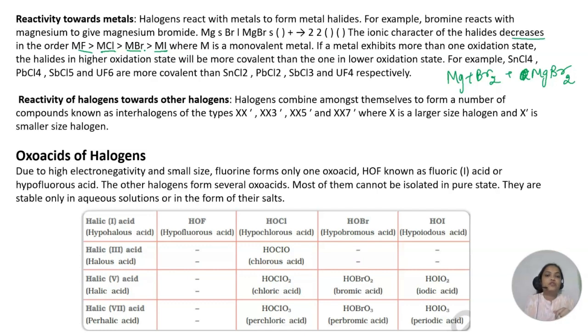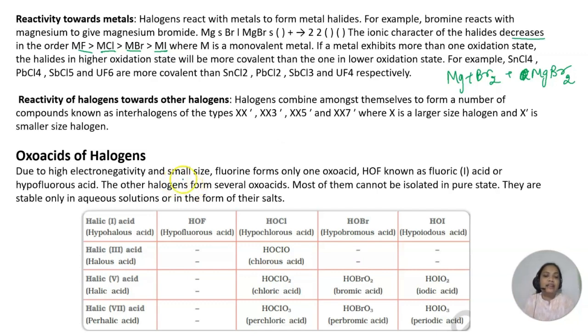Towards other halogens, halogens combine with themselves, means they combine with other halogens to form interhalogen compounds. Next, oxo acids of halogens.